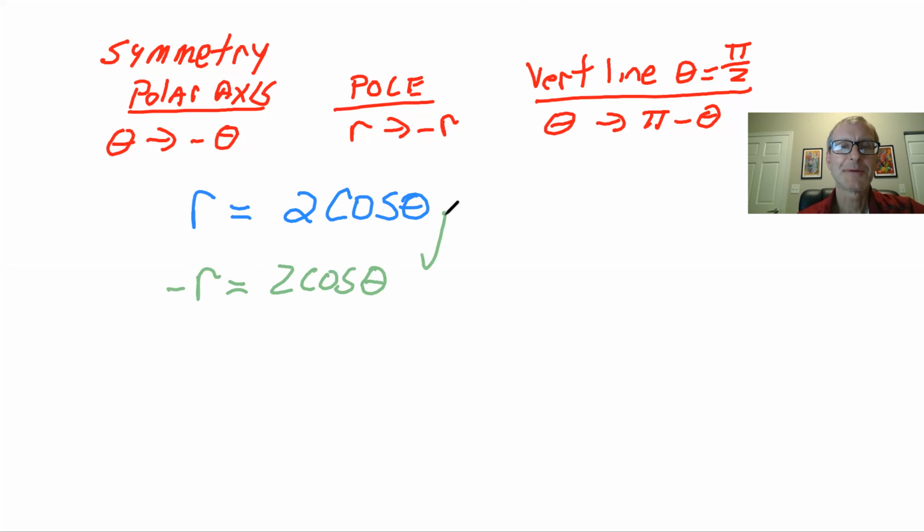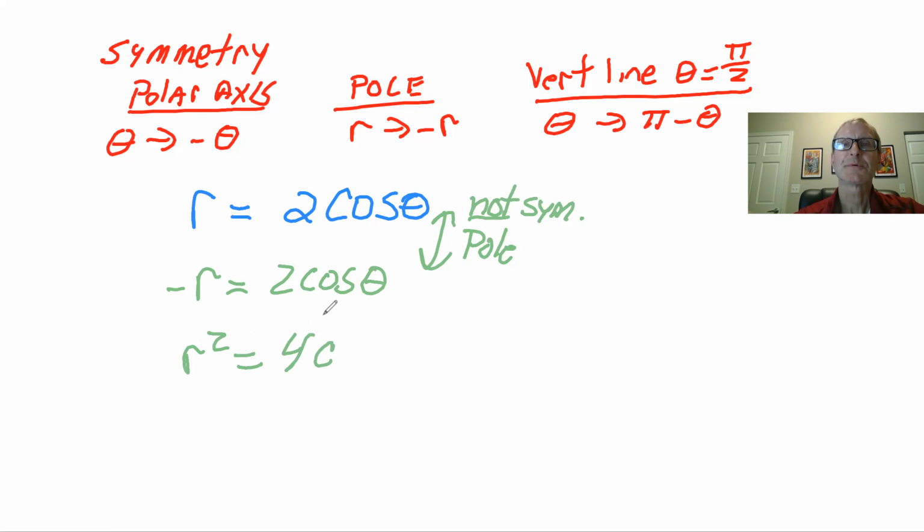So this is not symmetric around the pole. But if you took an equation that looked like this, say it was r squared equals 4, or not, it doesn't have to be 4.